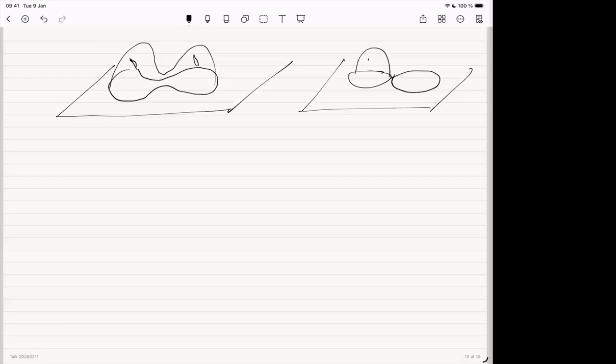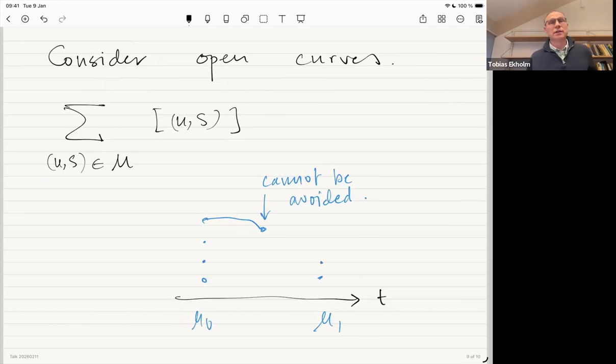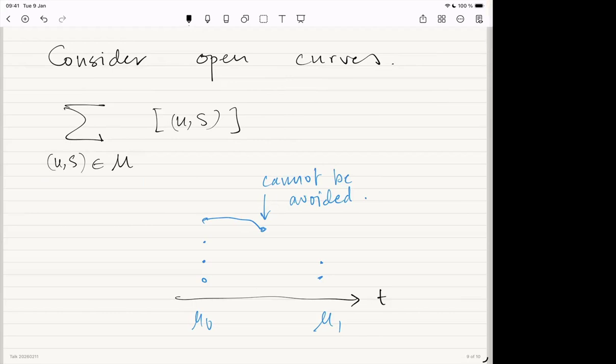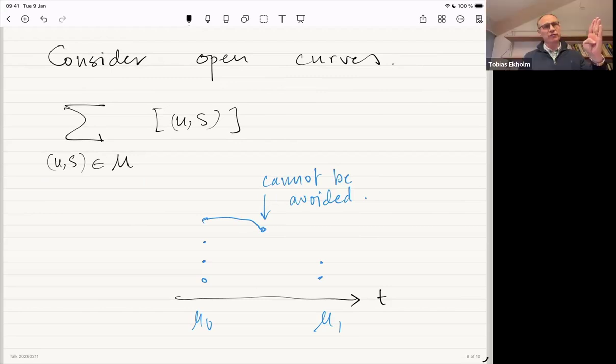Excuse me, what cannot be avoided? I'm explaining now what cannot be avoided: these nodal curves that could appear in breaking. So there was this Gromov bubbling, and such nodal curves cannot be avoided in one parameter families. So that means that this moduli space that we're following has some interior boundary, and therefore this count jumps.